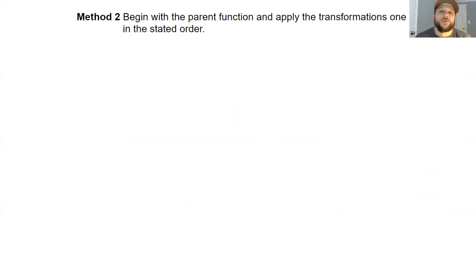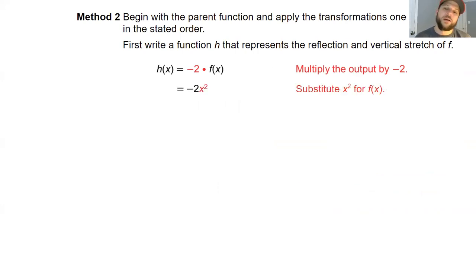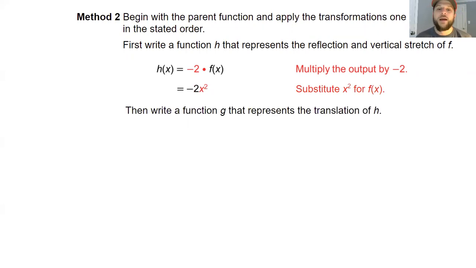So another way you could do it is to begin with the parent function and then apply the transformations one at a time and see how that is affecting your equation. So write a function h that represents the reflection. So multiply by that -2 for the reflection and the vertical stretch. So you get -2x squared. That's what the equation looks like just with the flip and the stretch.